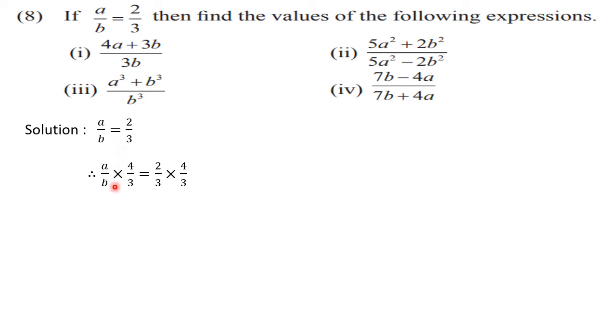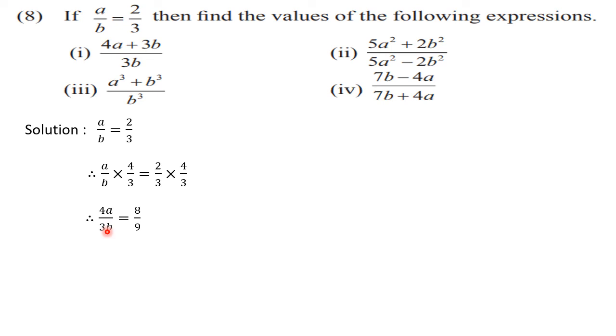But when we are multiplying on the left hand side, we have to multiply on the right hand side also. Therefore, both the sides of this ratio we are multiplying by 4 upon 3. So when we multiply here, we will get 4A upon 3B as 8 upon 9. 2 4s are 8 and 3 3s are 9.